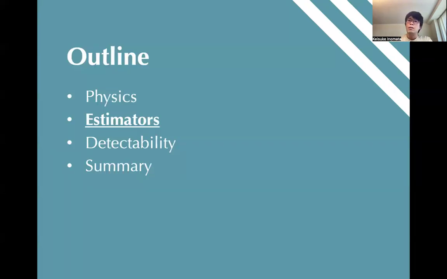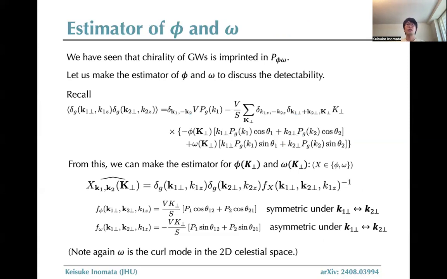Okay, so next, let me discuss the estimators in order to discuss the detectability of gravitational waves. We have seen that chirality of gravitational waves is imprinted in the cross-correlation power spectrum, P phi omega. Let us make the estimator of phi and omega to discuss the detectability.